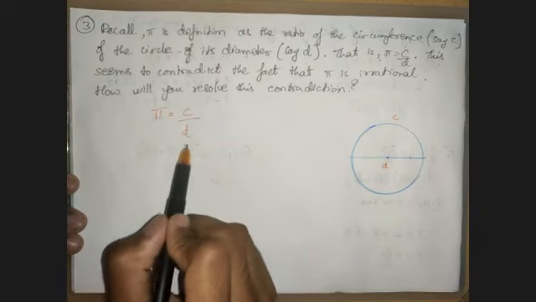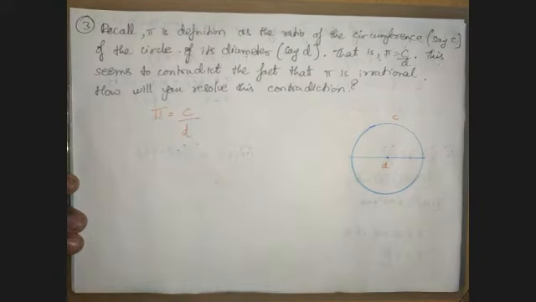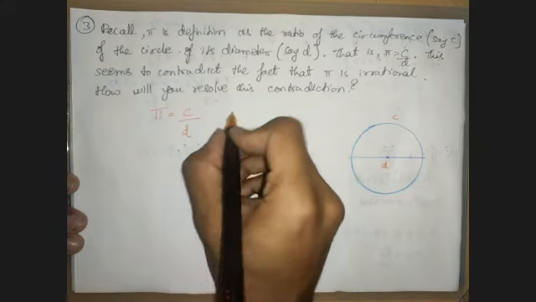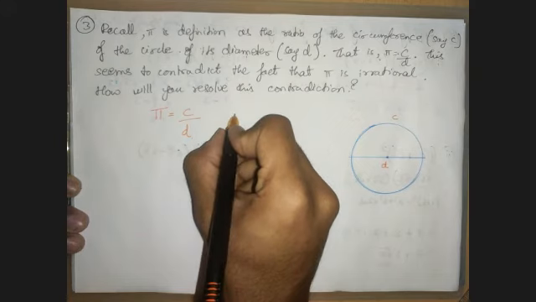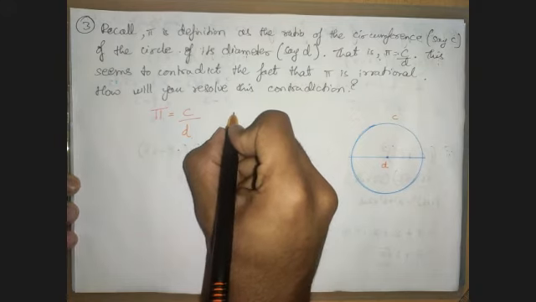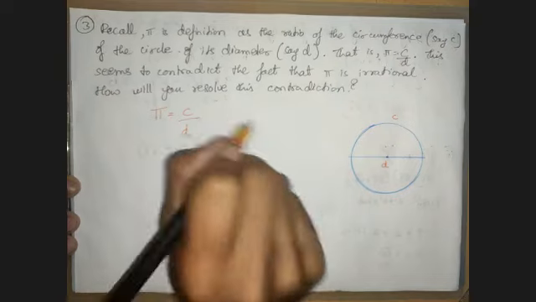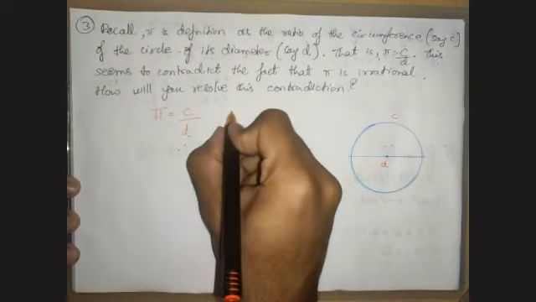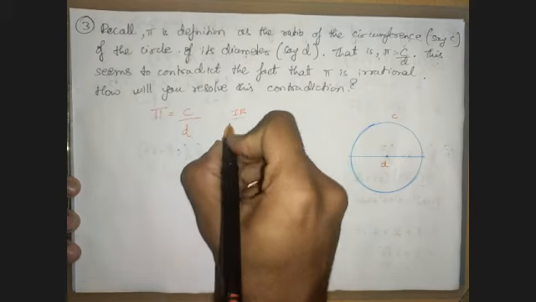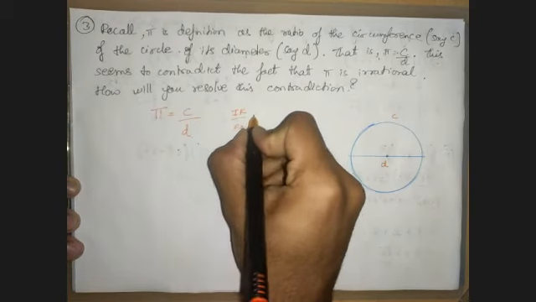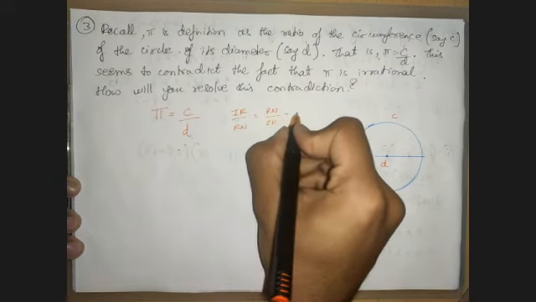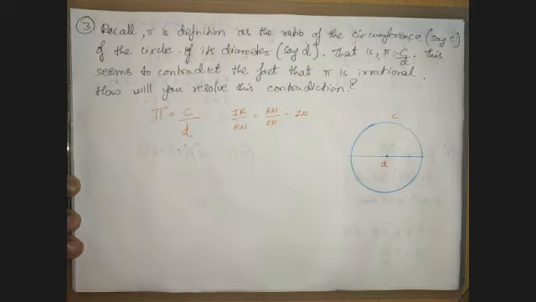So how do we remove this contradiction? To remove this contradiction, we have to have any one of these as irrational. That means the numerator should be irrational or the denominator should be irrational, because we know an irrational number by a rational number, or a rational number by an irrational number, is always an irrational number, right?